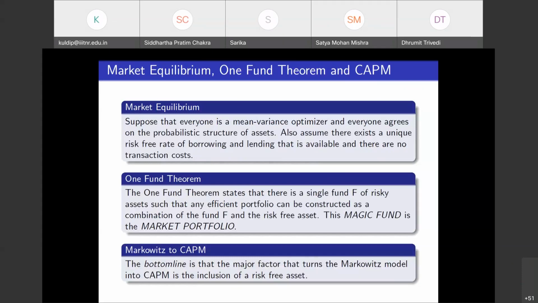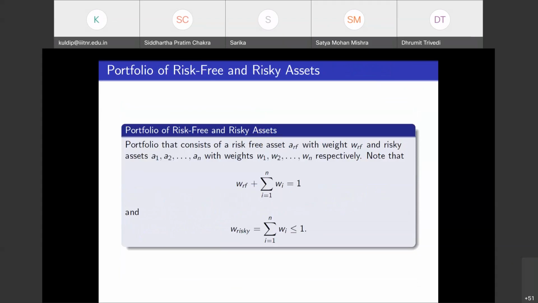What is going to be the picture once we bring this risk-free asset into consideration for our portfolio? So again, we considered A1, A2, up to AN, n number of assets with weights W1, W2 all the way to WN. But on top of it, we consider a risk-free asset ARF whose weight I denote as WRF. So now we don't have only n weights, but we have n plus 1 weights.